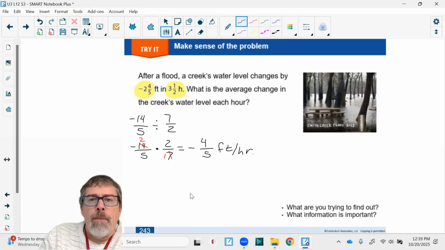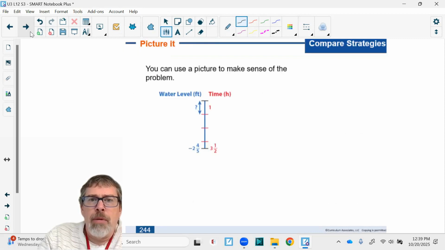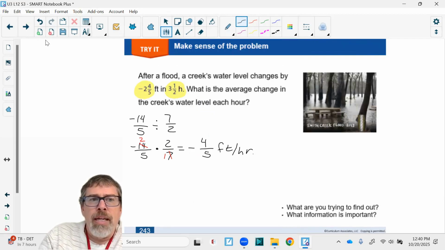Okay. I could also have done it as a decimal. Let me see if they give us that opportunity. So it says you can picture to make sense of this problem as well. Water level, time in hours. So after 3 and 1/2 hours, it dropped 2 and 4/5. And we got the answer to be negative 4/5.